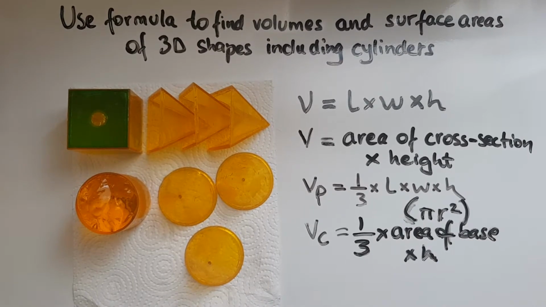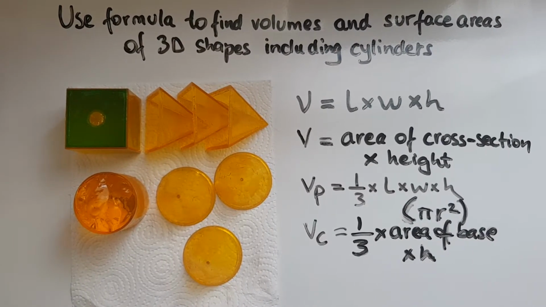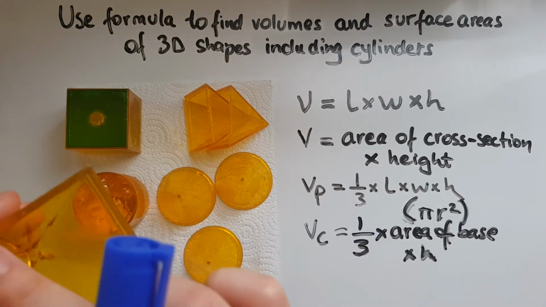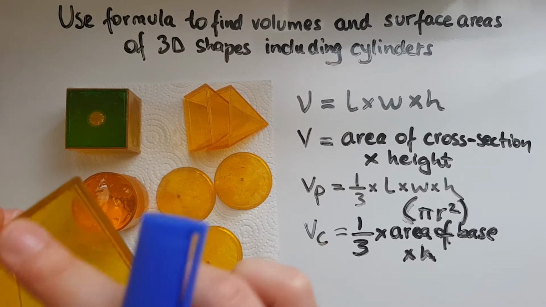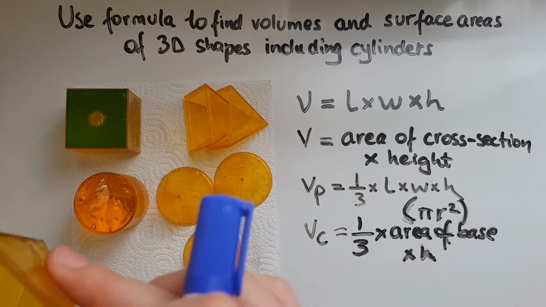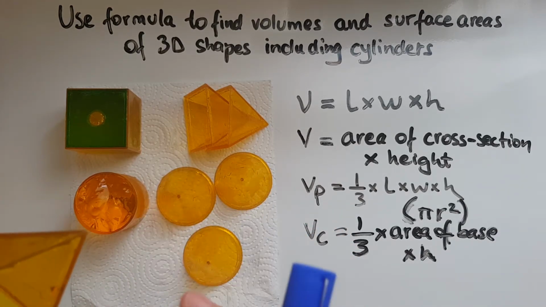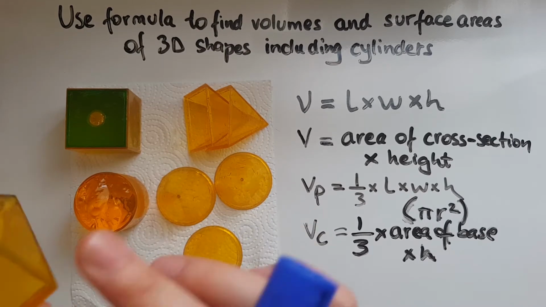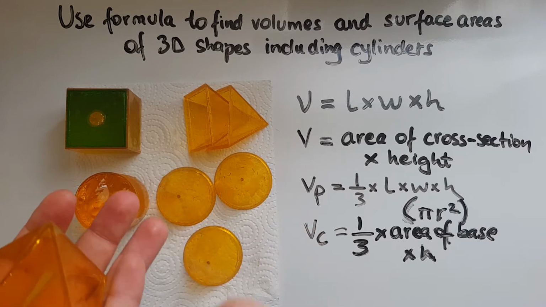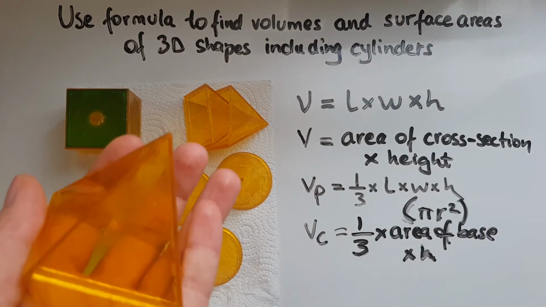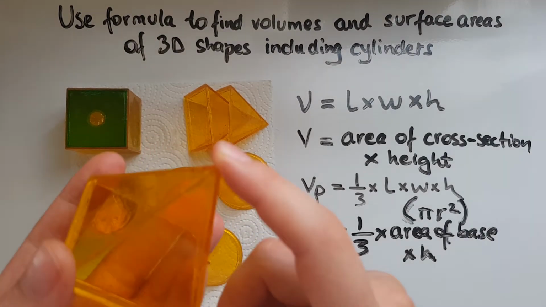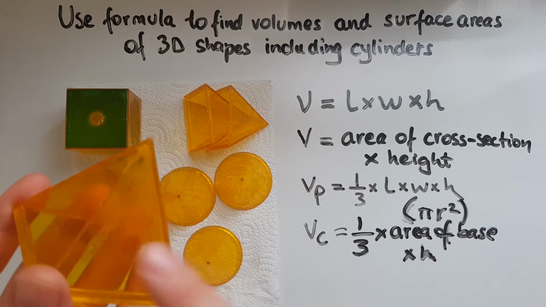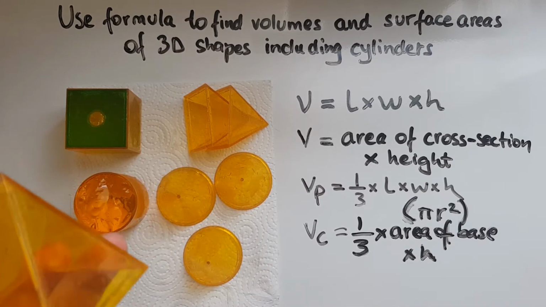So let's illustrate with examples. We have a pyramid, and let's suppose this is 3 centimeters and this is 3 centimeters and the height is 4. So the base area is 3 times 3, which is 9. 9 times 4 is 36. Then 36 divided by 3, because we said 3 lots of them make a cube.